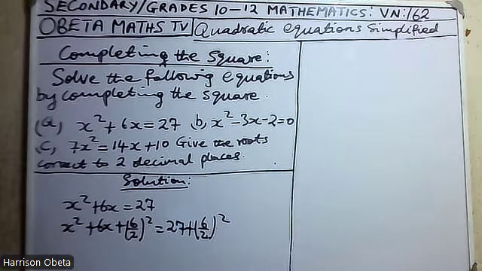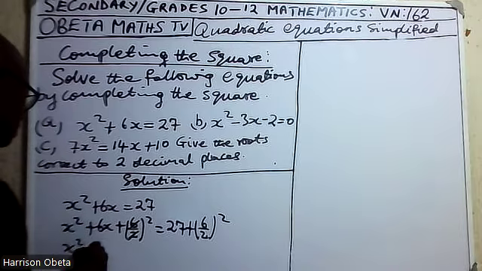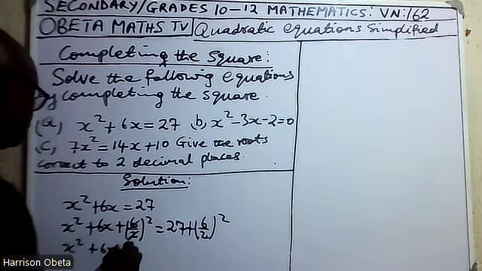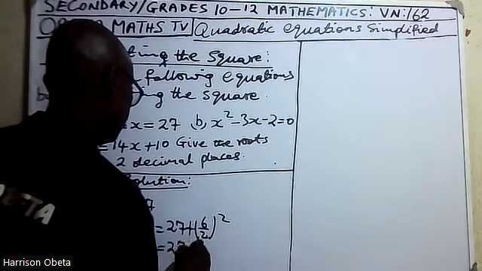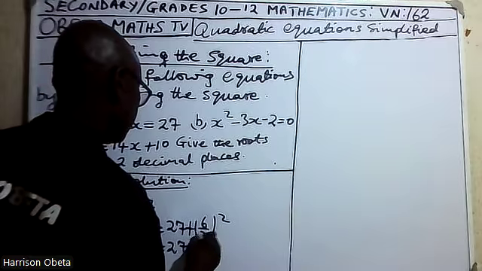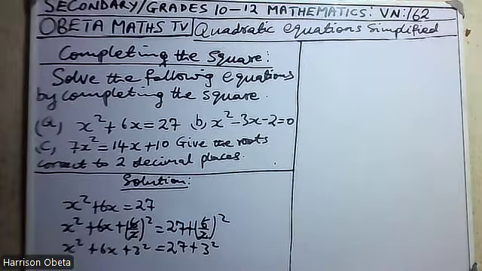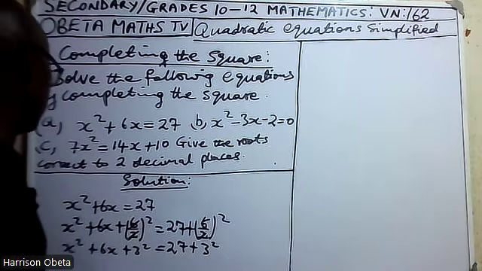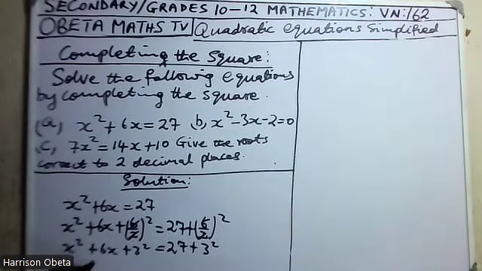And then if you carry out the division, that will give us x squared plus 6x plus 3 squared equal to 27 plus 3 squared. Coming up from here, we can factorize this. To factorize this, just pick x here, and whatever is the sign here will be the sign in between.